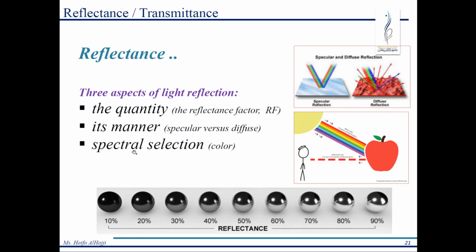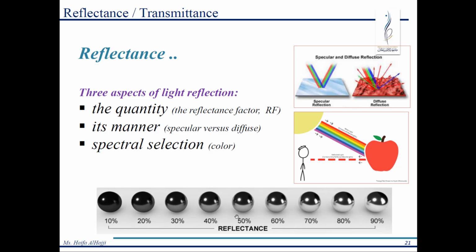Then spectral selection. As we learned earlier, light is a portion of the electromagnetic spectrum. As we can see here, light is falling on a red apple, and we can see the color of the apple. The reflectance of the apple is selecting only the red to be reflected off.